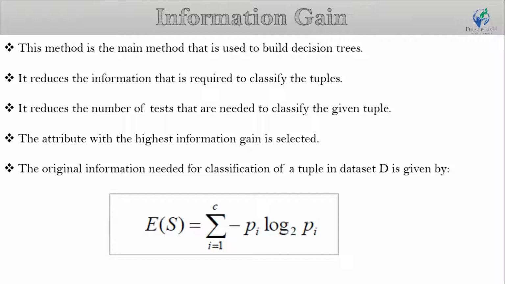Therefore, log base 2 is used. E(S) represents the average amount of information required to find the output of the class label of dataset D. This information gain is also called entropy.